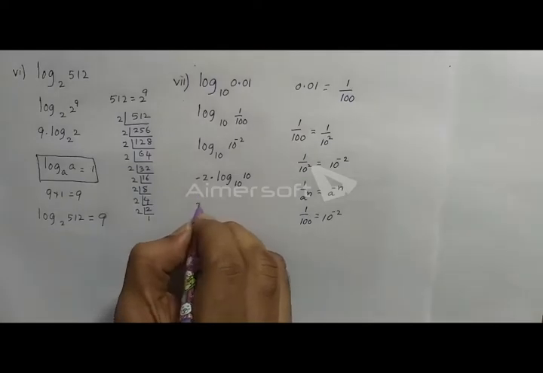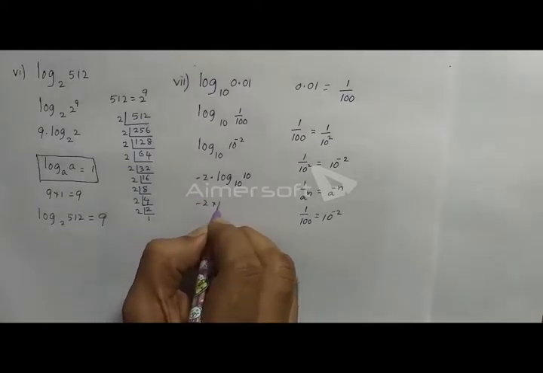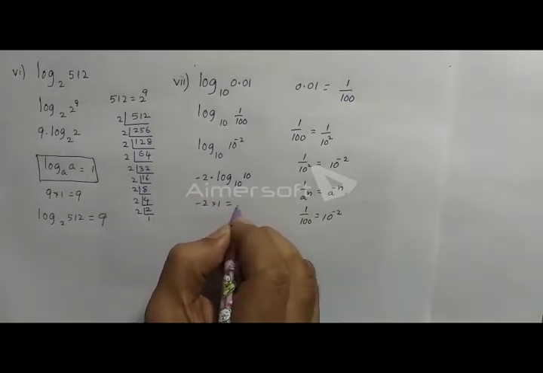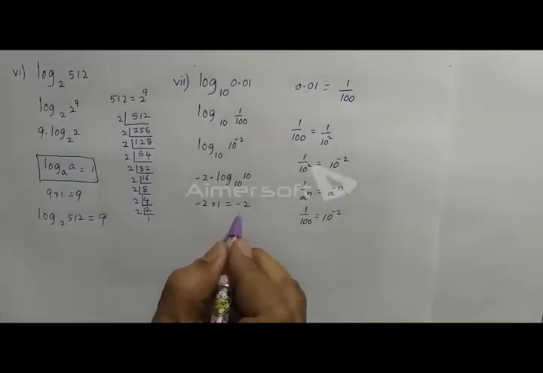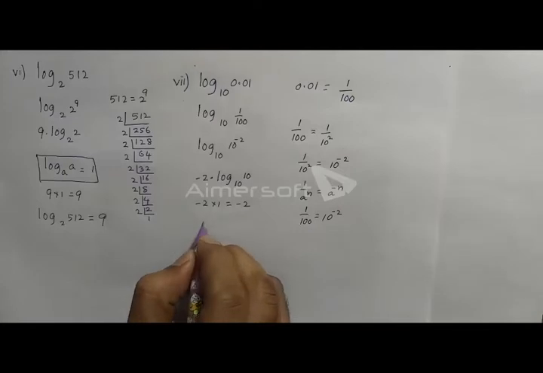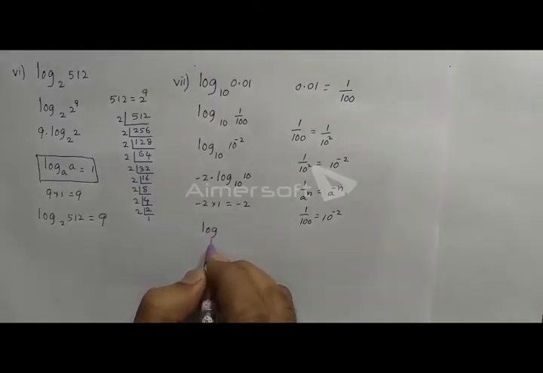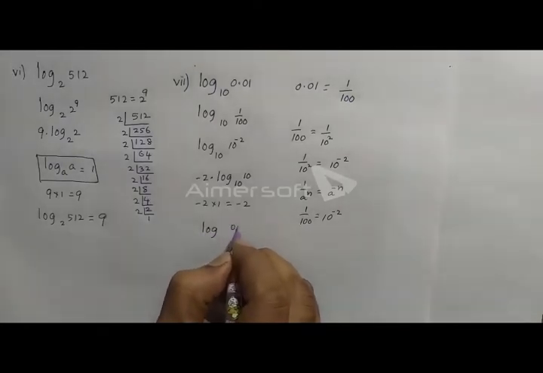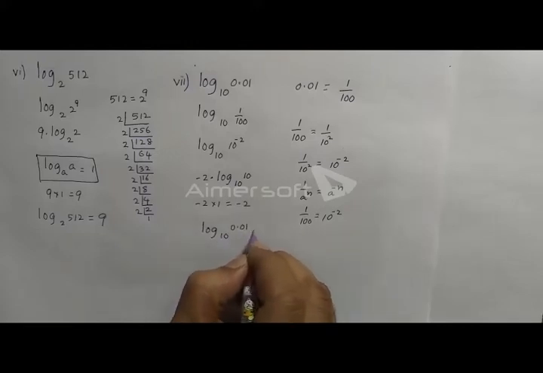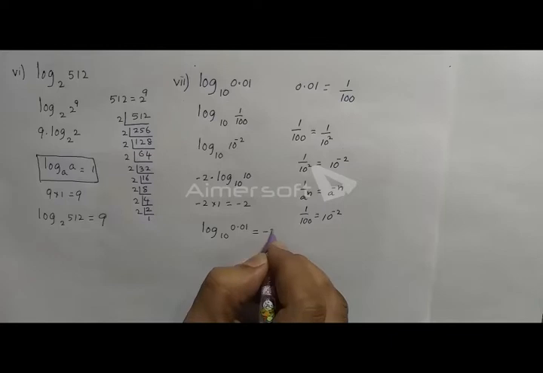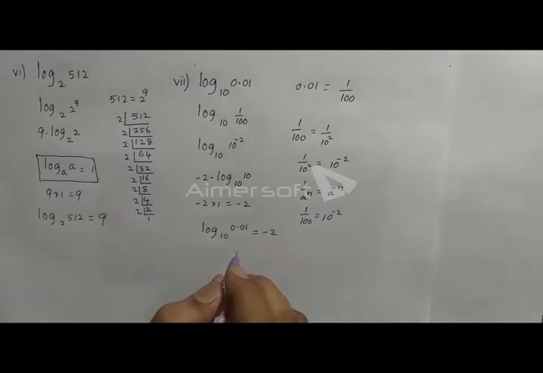Now we have to multiply minus 2 into 1 is equal to minus 2. Now the answer is minus 2. Log 0.01 base 10 is equal to minus 2. Okay, have you got this?